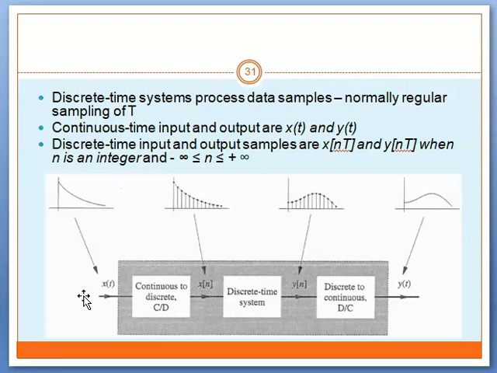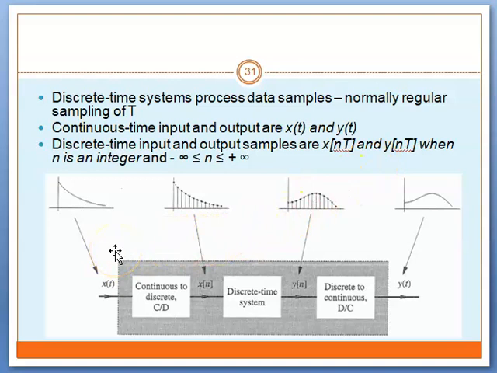Usually the continuous time input is denoted as x(t), while the continuous time output is denoted by y(t). For discrete time, the input is usually denoted by x[n], while the output is denoted by y[n].